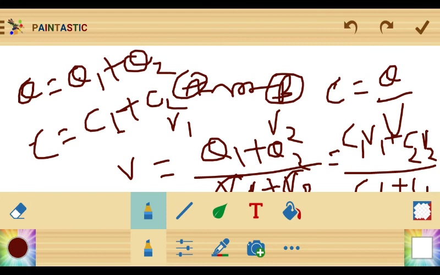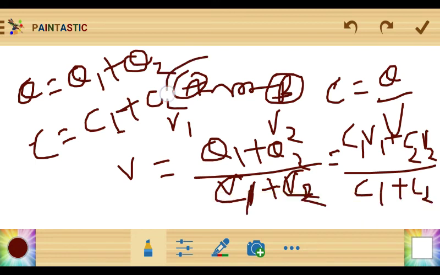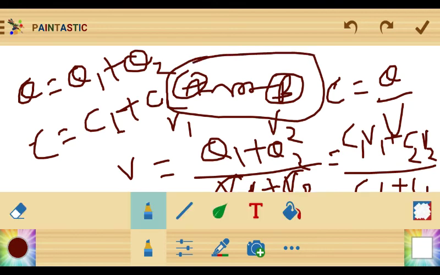So once they are both joined, the net potential is simply given by this formula, C1 V1 plus C2 V2 upon C1 plus C2. Okay, this is the net formula.